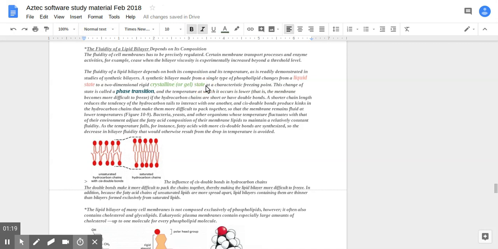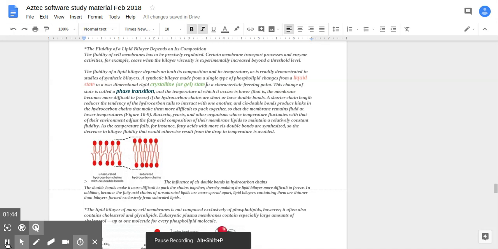So each composition has a different characteristic freezing point, aka a different fluidity. When the state is changed, this is called a phase transition from liquid to gel or crystalline, more solid.